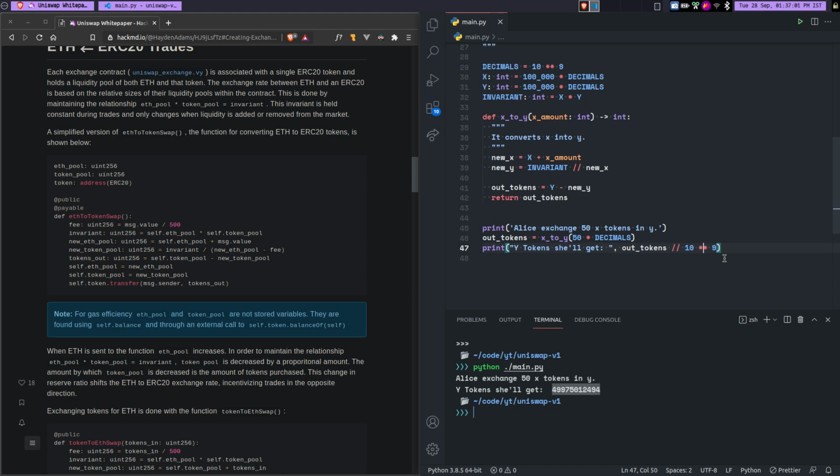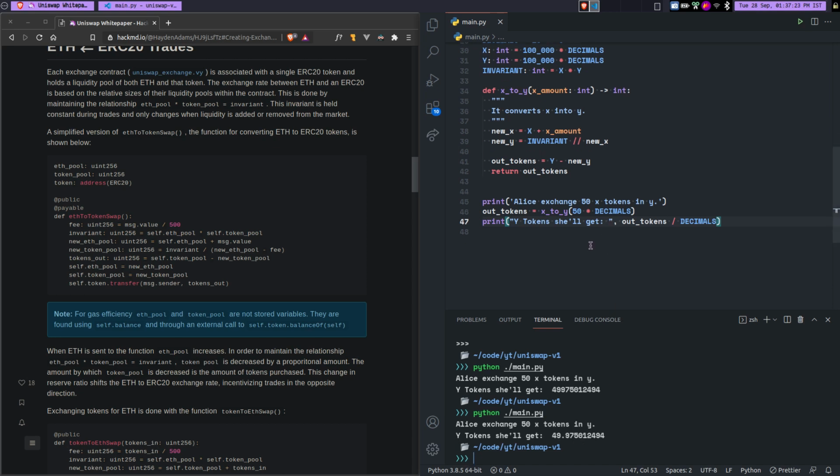And why am I doing this? Because of the decimals. This amount of the token that you are getting includes the decimal. So if I run it again, you can see that she will get 49.97 amount of y tokens. So this is how a simple DEX works.